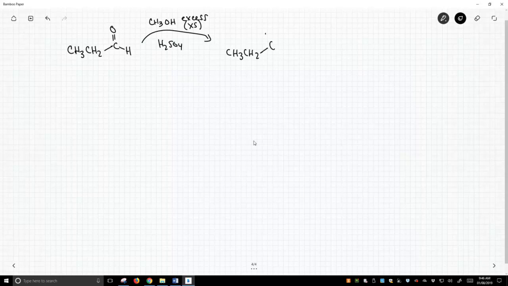And after losing water, we got this. This is our acetal. It fits our template for an acetal where we have an R and an H coming off of the central carbon, and then we have two, I'm going to make these R double primes for reasons that will hopefully be clear.